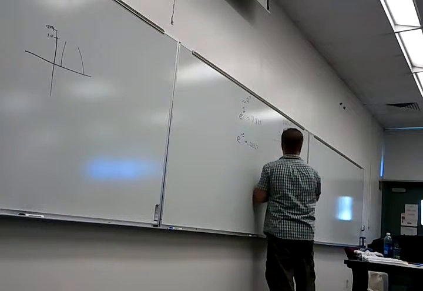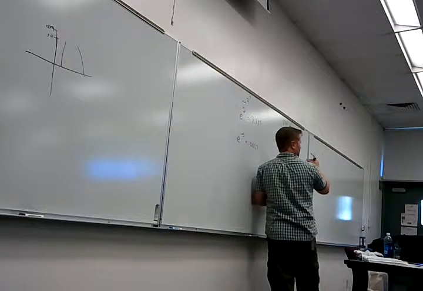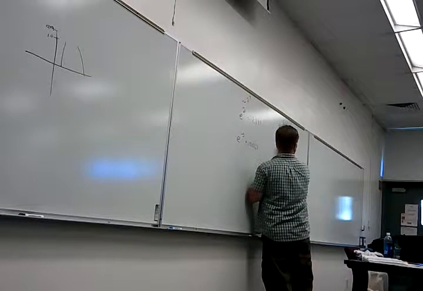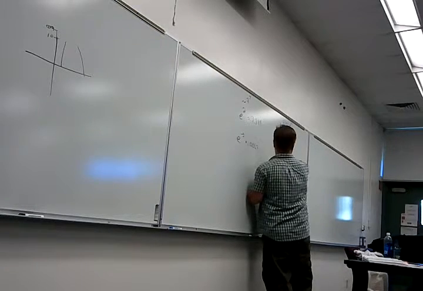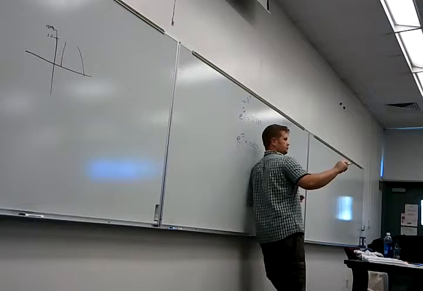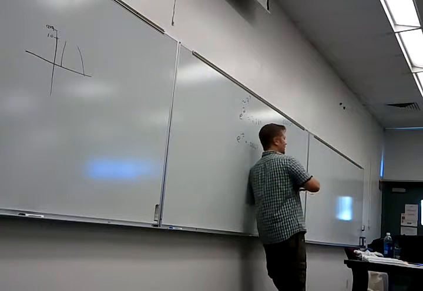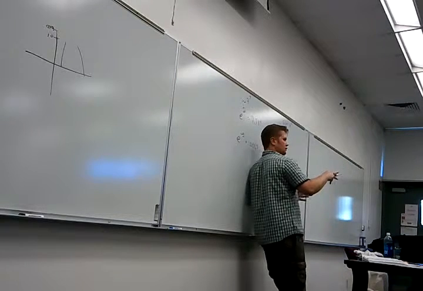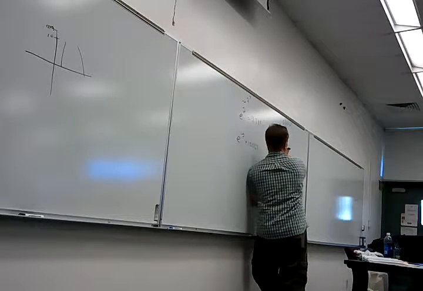Alright, so what is it? 0, 1. Let's start there. So you always have 0, 1. As long as it hasn't been shifted, you always have 0, 1. When you get to negative 1, it's 1/2.